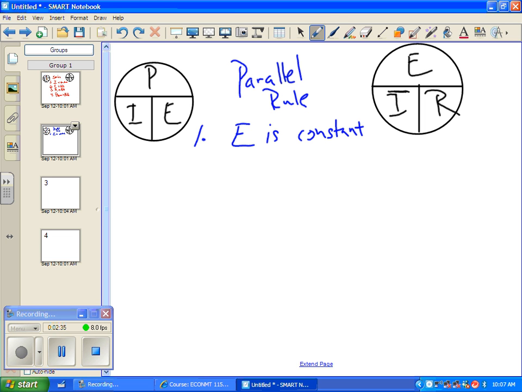Okay? And current is the only thing that is additive. So that means that parallel circuits are current dividers, right?